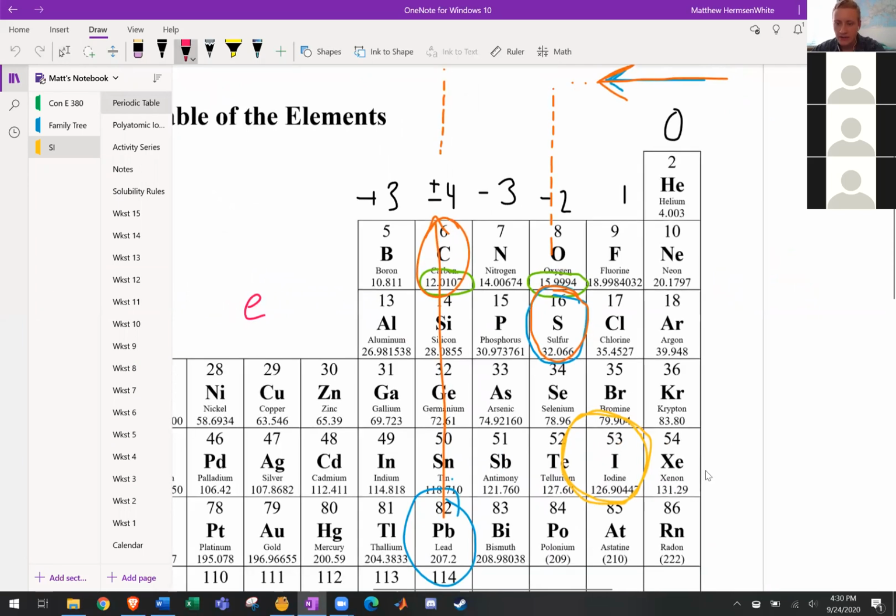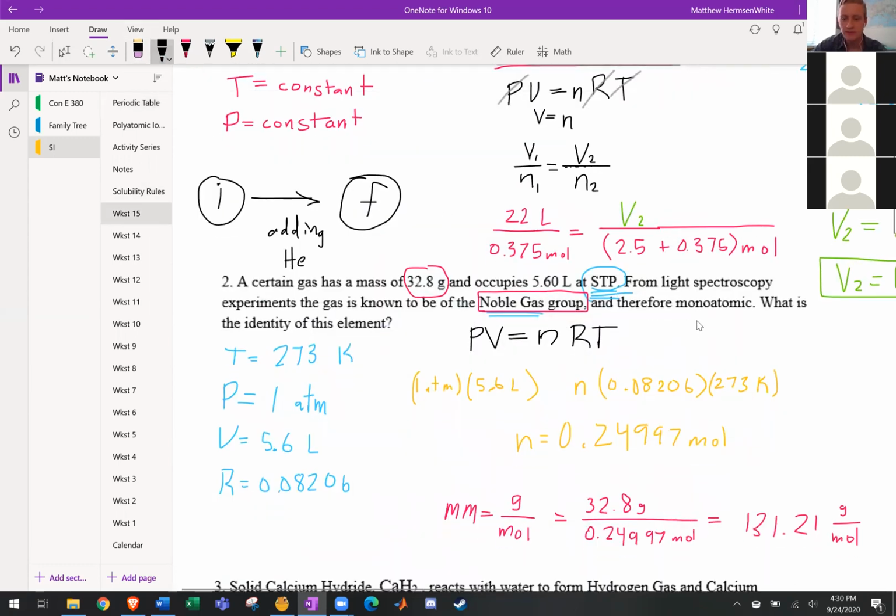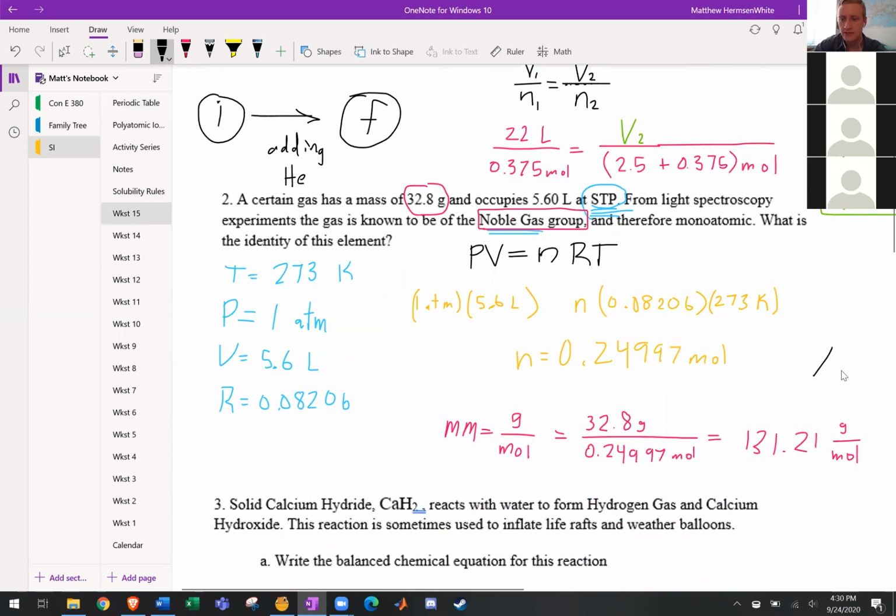And if we look down here, this one right here, xenon, has a molar mass of 131. So we are going to say that the element that is inside this container with a molar mass of 131 is xenon. So the answer to this problem is Xe.